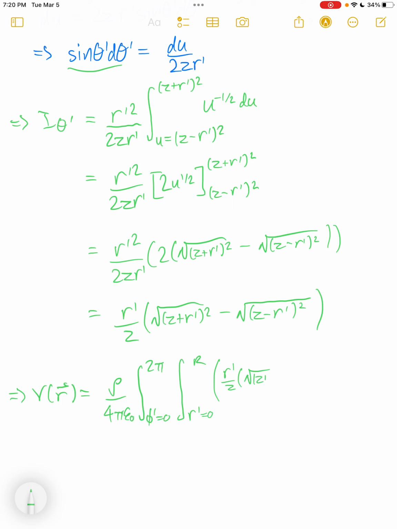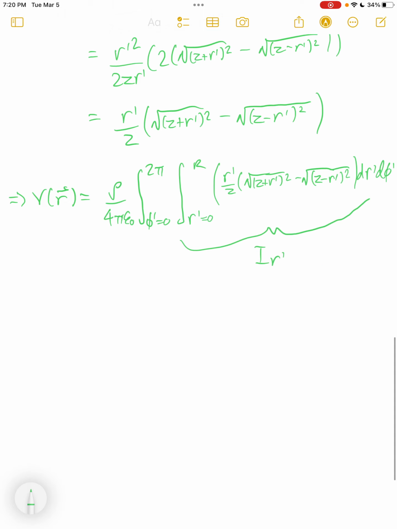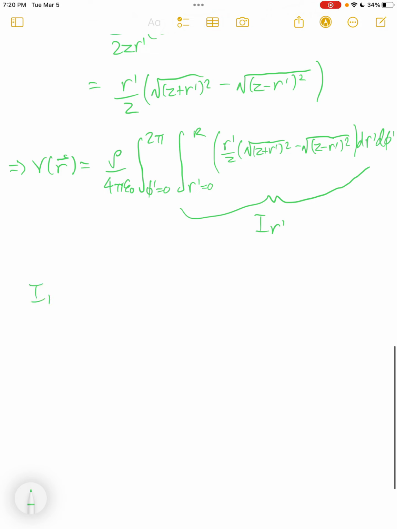Okay, so here's where things get a little tricky, and I'll explain why in a second. I'm just going to take this and do the same thing that I did with the theta prime integral. Write this out.